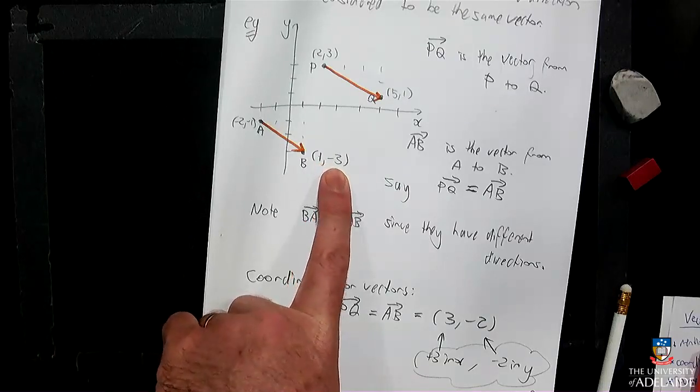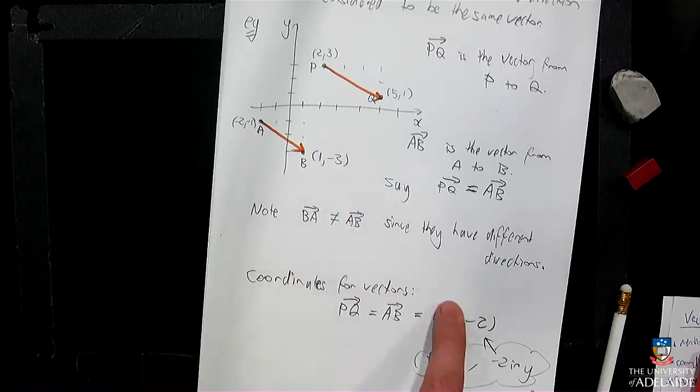Some people prefer to use square brackets for coordinates that are representing vectors and round brackets for coordinates that are representing points. Most mathematicians just don't care, and you will know from context which one it is. And one of the reasons we do this is that there are times when it's useful to switch your perspective and consider a set of coordinates as a point or a vector depending on what you're trying to achieve with it.